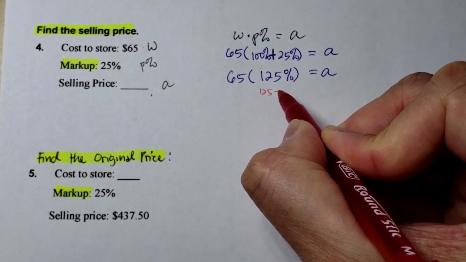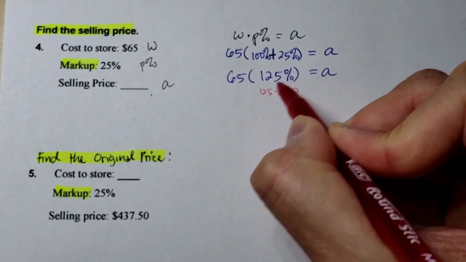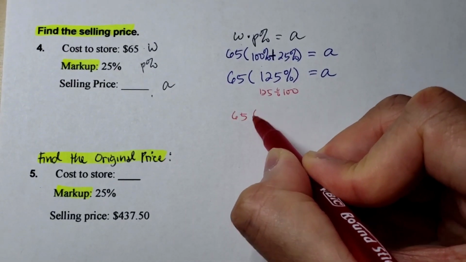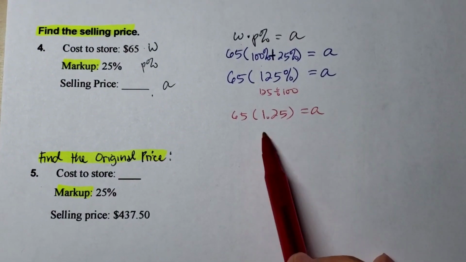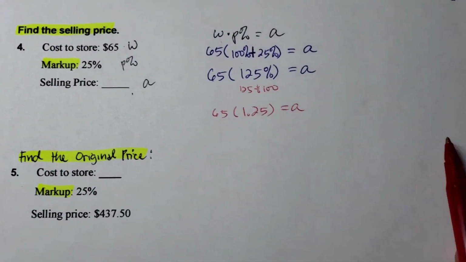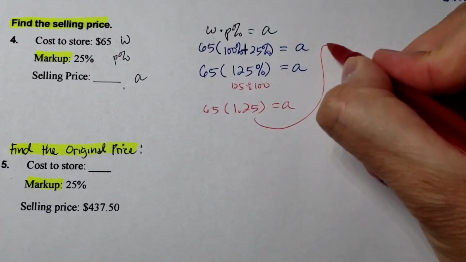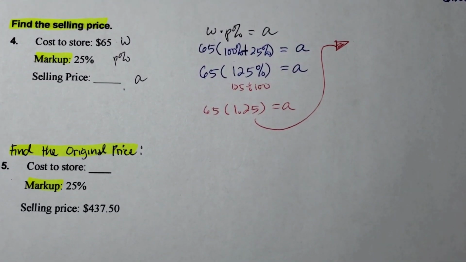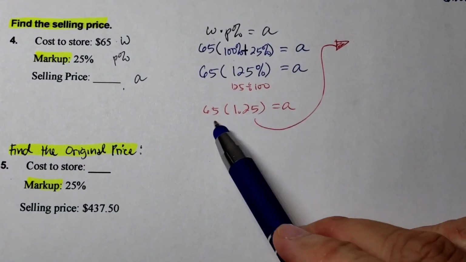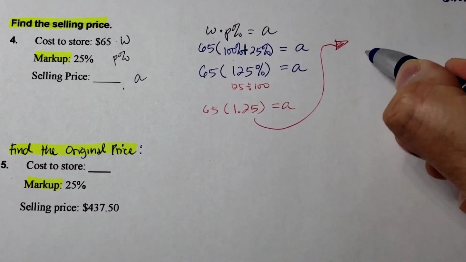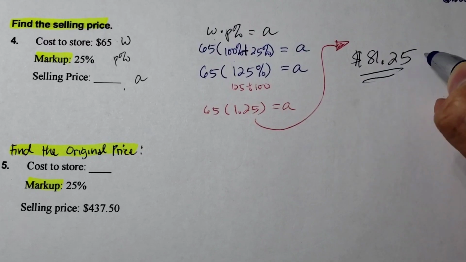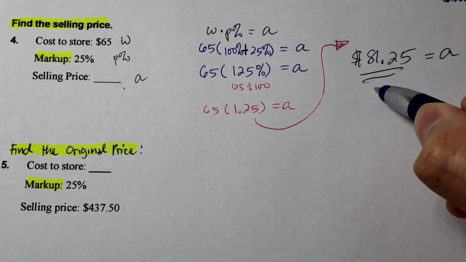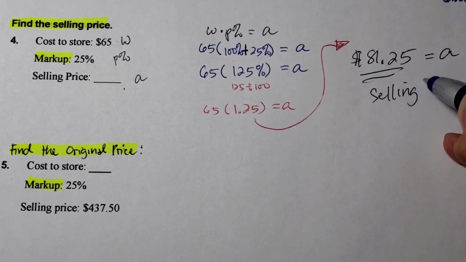So 125 divided by 100 gives us 65 times 1.25 is equal to A. If you multiply these two, you will get 65 times 1.25. That should give you $81.25 is your A, which is the selling price.